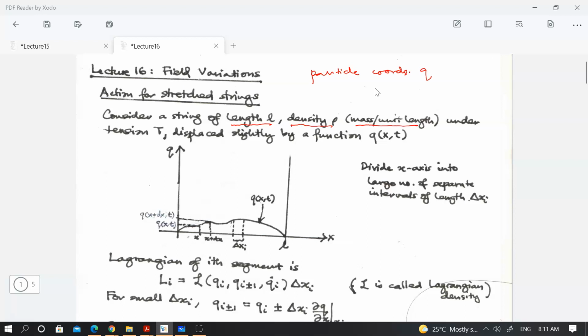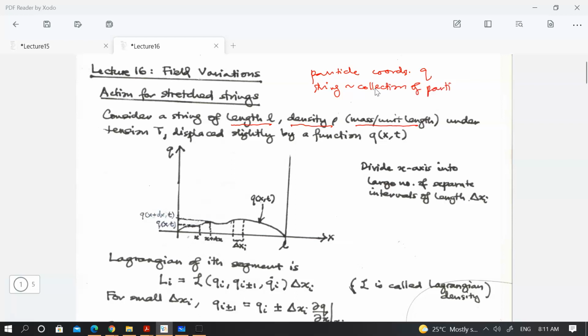In the case of a string, you can consider that it's a collection of particles along the string.